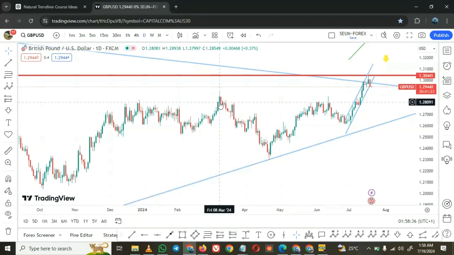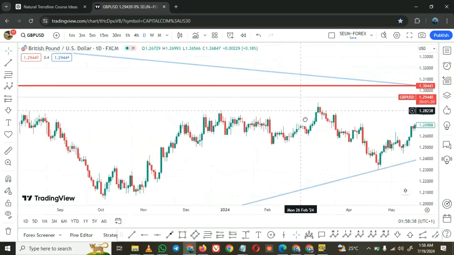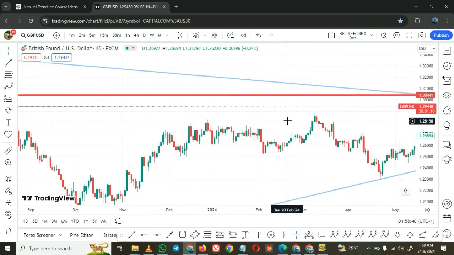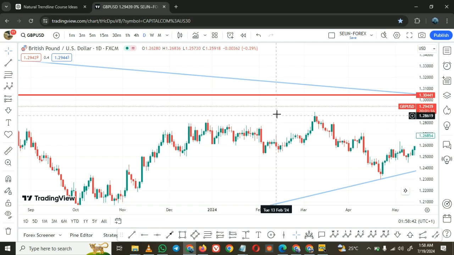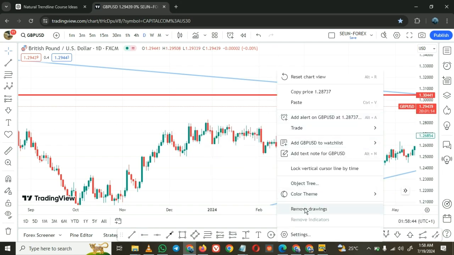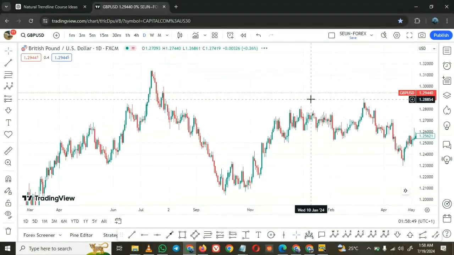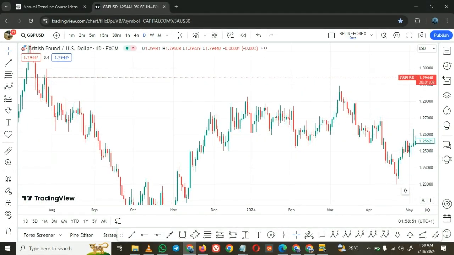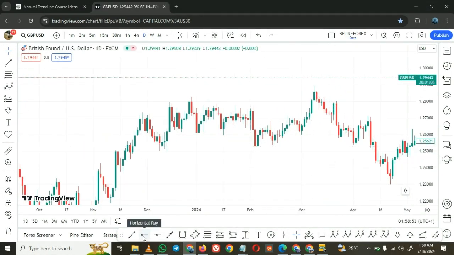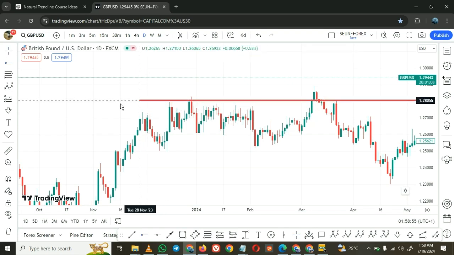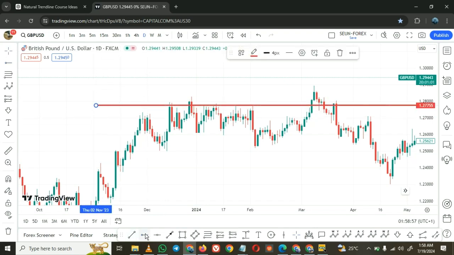We also have sideways market. What does it mean for a market to be in sideways? Let me quickly clear this one off and plot the key levels for sideways. For example, from here to here is sideways market.